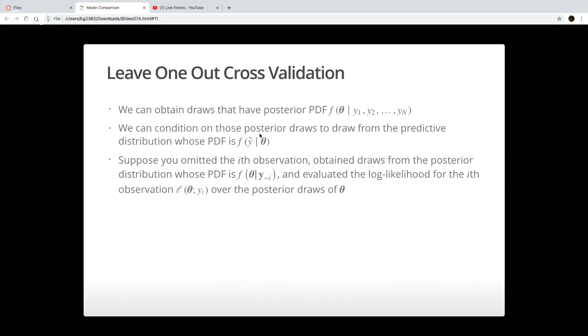And then you use that posterior distribution to predict the outcome for the one observation that you left out. That process of leaving one observation out, doing something to estimate, and then predicting the one left out observation, not necessarily doing the Bayesian version of it, is known as leave one out cross-validation.